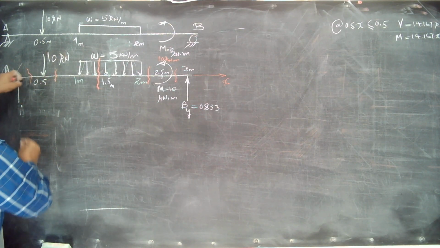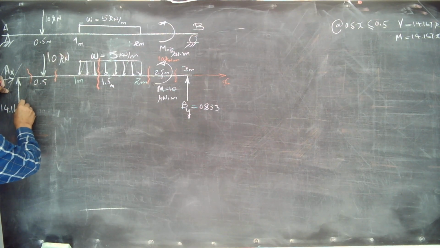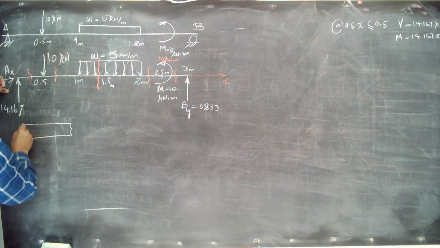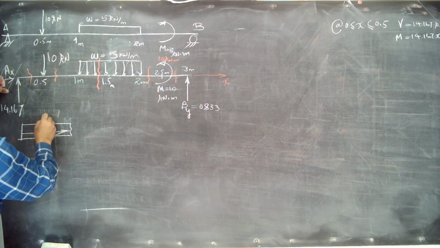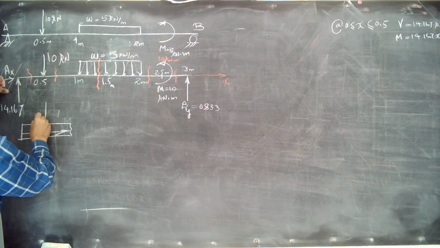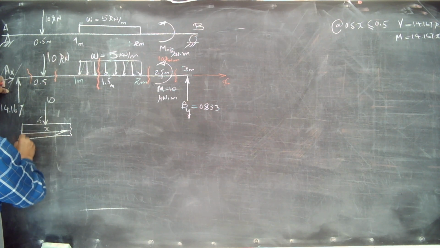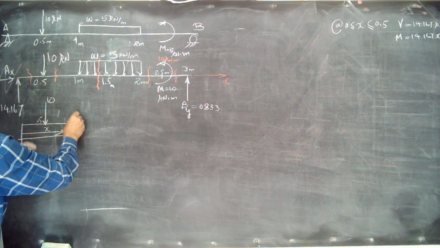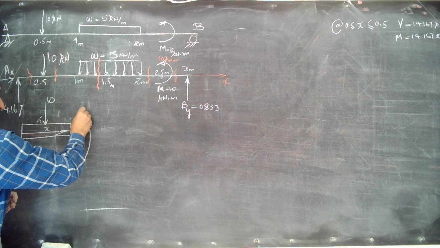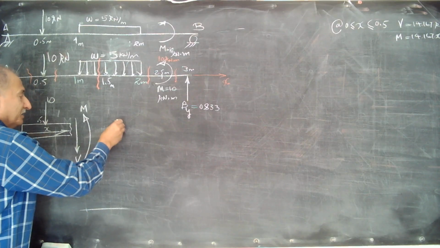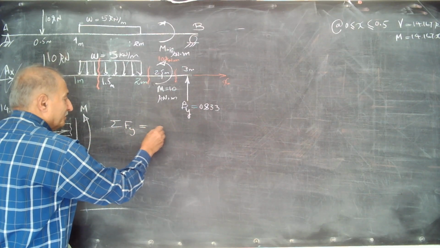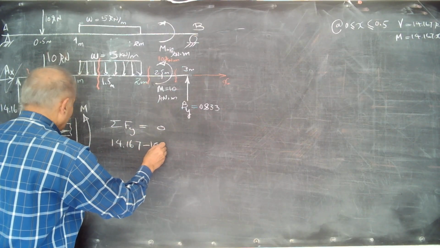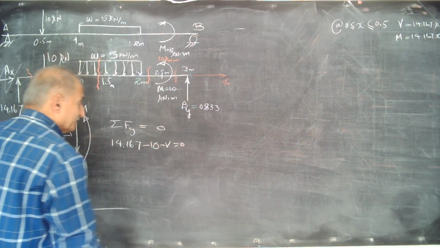Do this cut, 14.167. We cut from here. This is again x. We have a force here at 0.5, 10. We have Ay, 14.167. We have nothing else. Just put V and M and calculate. Again, summation of forces in y direction 0, 14.167 minus 10 minus V equals 0.